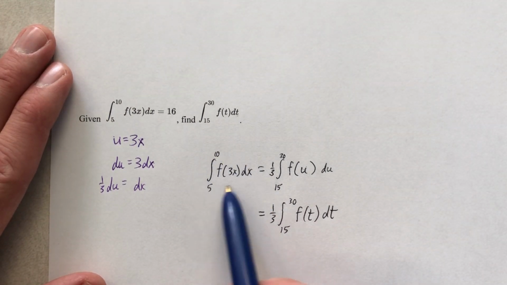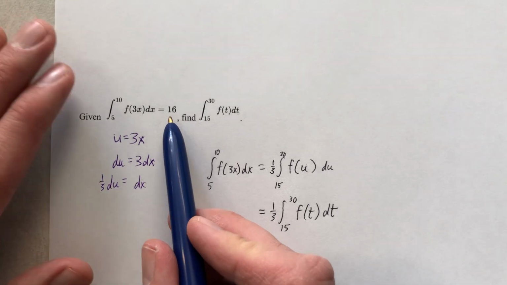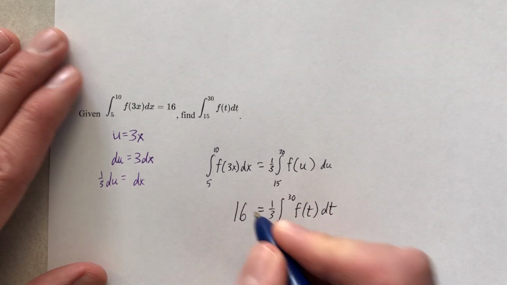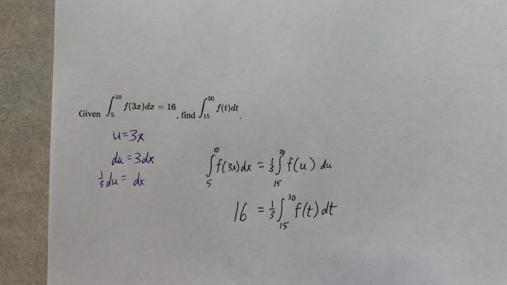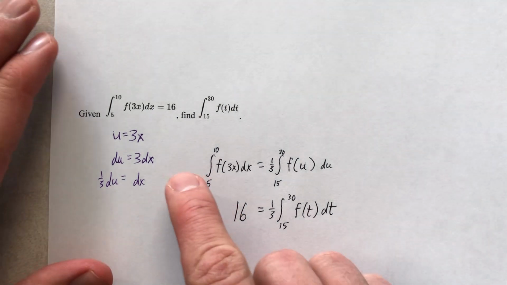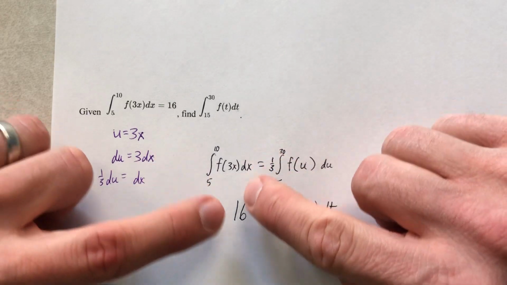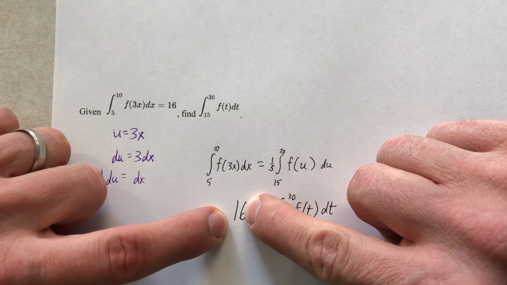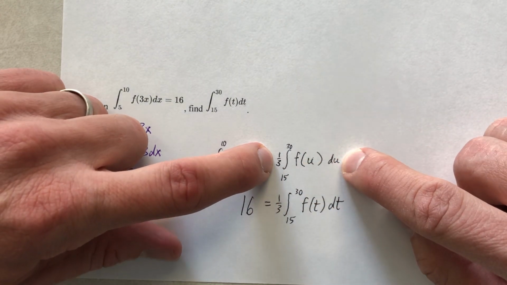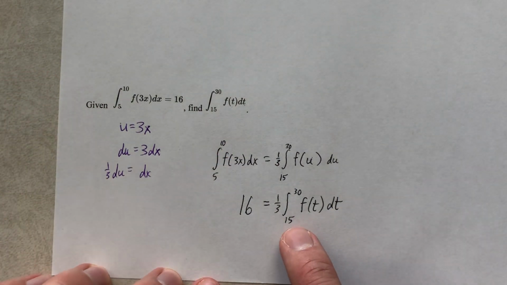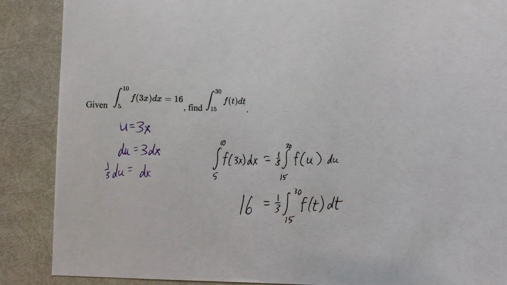Well, here's the deal. This is 16. We haven't even talked about that 16 yet. There we go. So we get that. That's lovely, isn't it? I think so too. I like it very much. So what I really want is this, which equals 16, and also equals this, to eventually help me get this thing by itself.